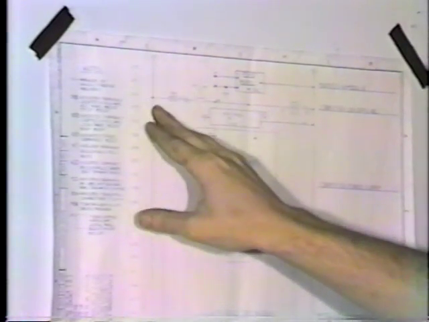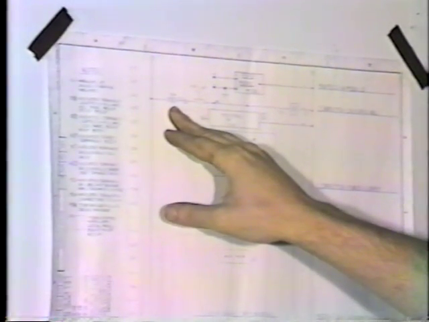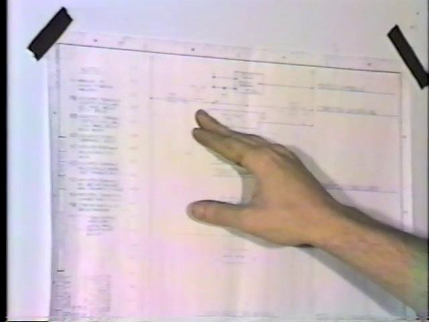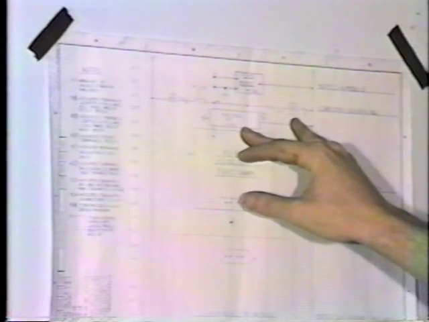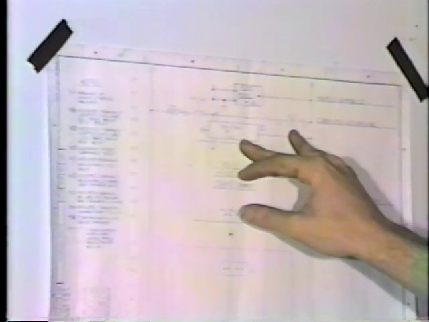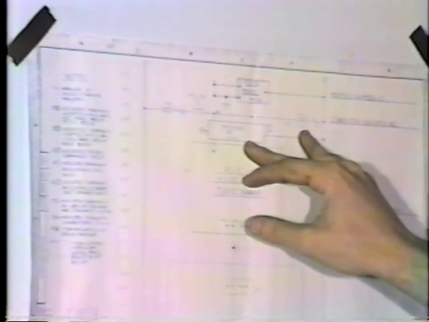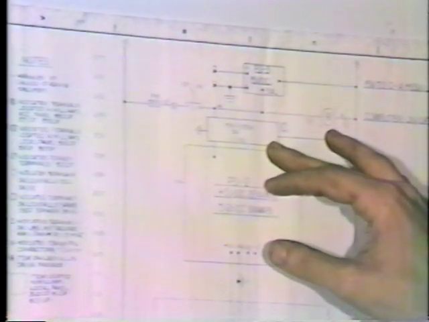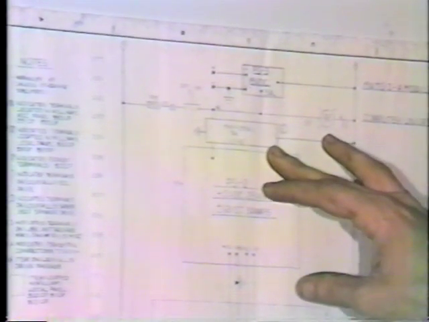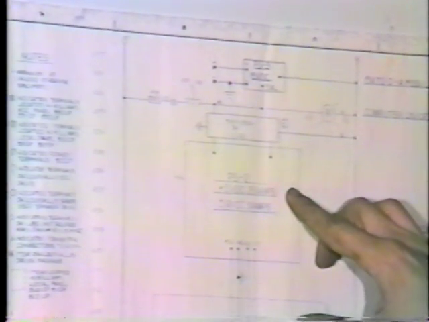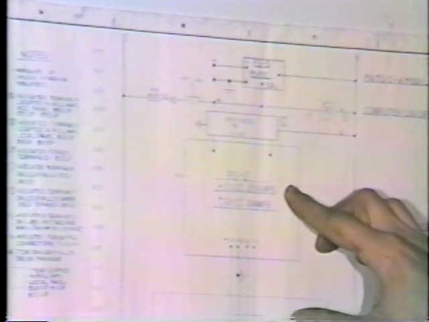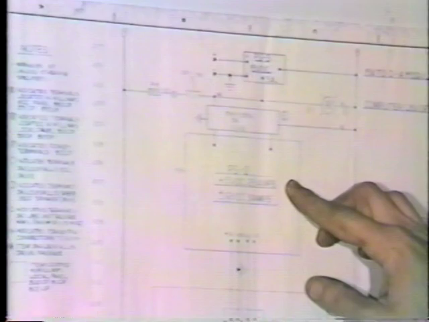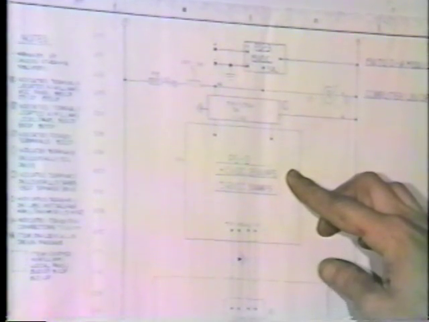We also go through F13, an on and off switch, into an EMI filter and a computer on-off indicator. Our EMI filter in turn feeds PS2, which is our computer power supply, plus 5 volts at 28 amps, plus and minus 12 volts at 3 amps.